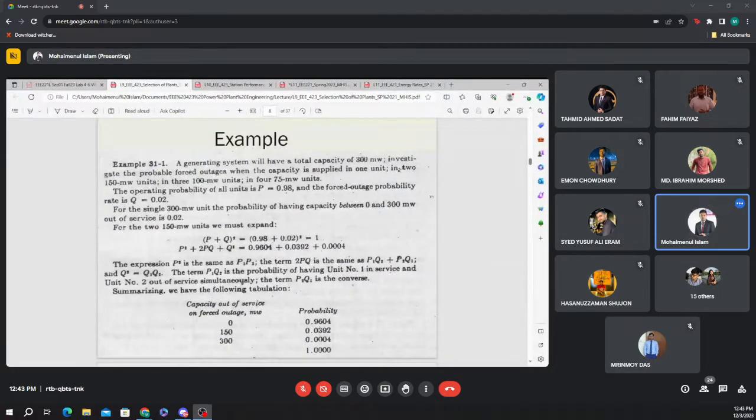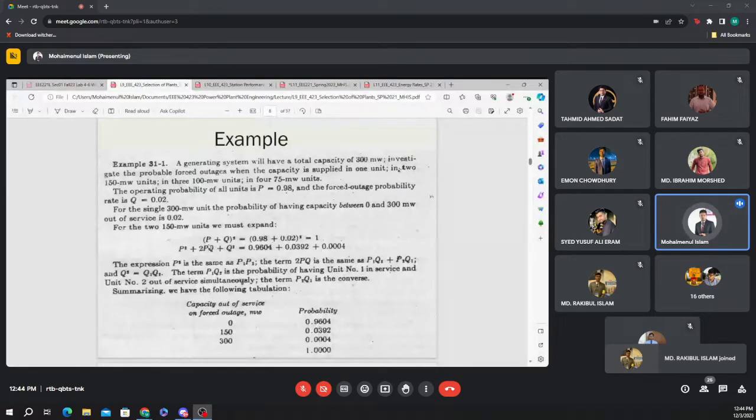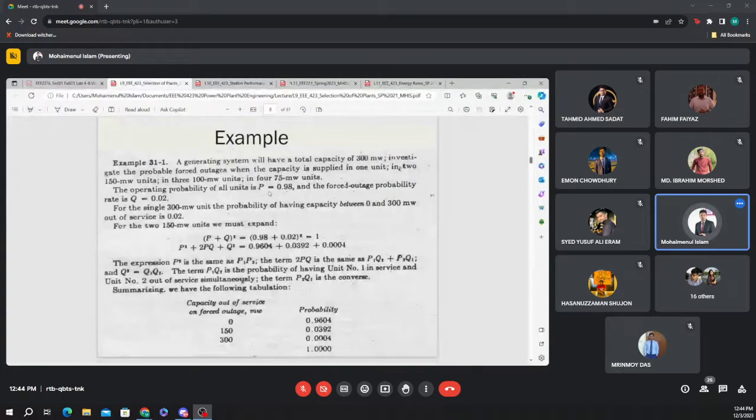To complete the math, we need the equation (P plus Q) to the power n. For one single power plant, the operation probability is 0.98 and the forced outage probability is 0.02. It was given.